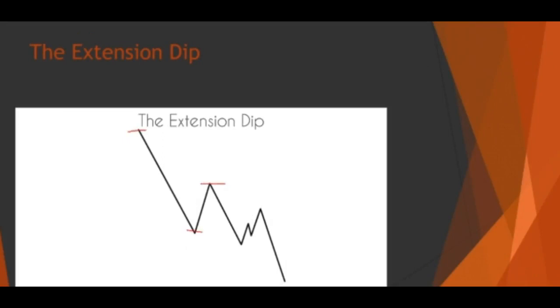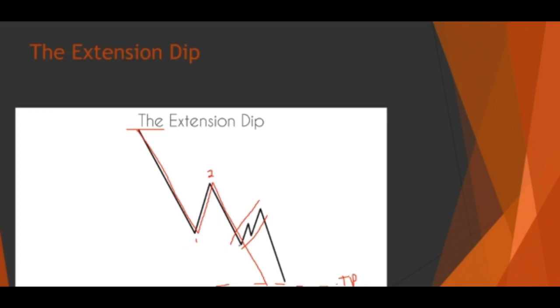In this case of the extension dip, if we put this all together real quick to round this out, you start here. This is your origin, external origin. This is your internal here. This is your 1. This is 2. This is 3. Your take profit is the 100 level of this area.